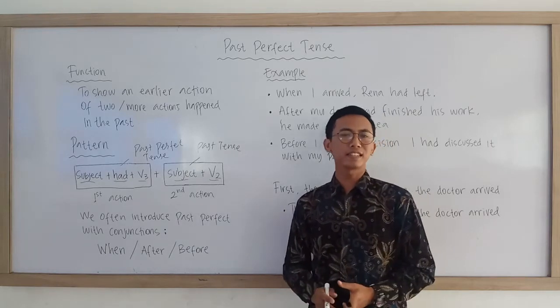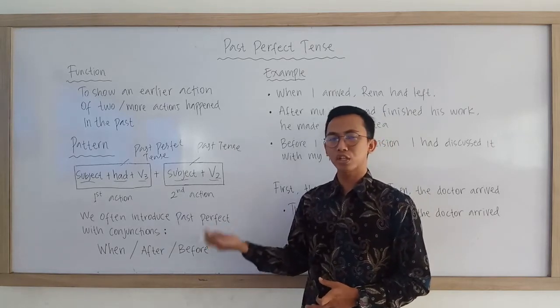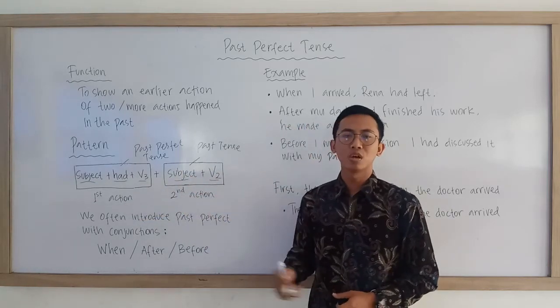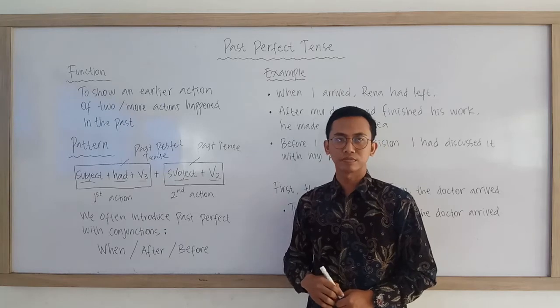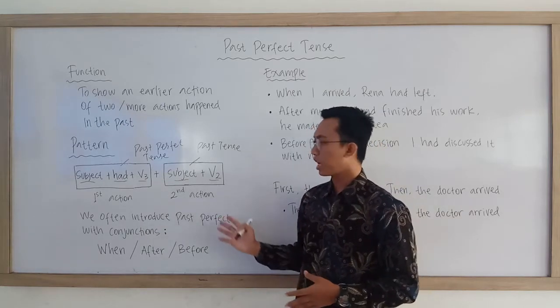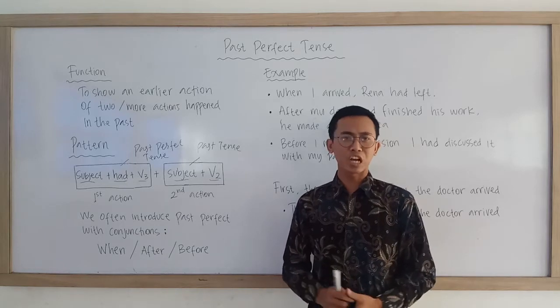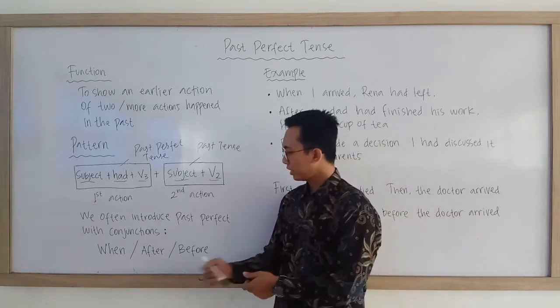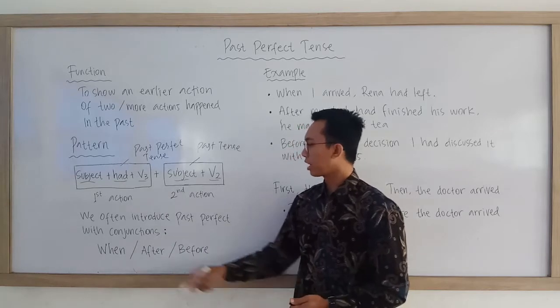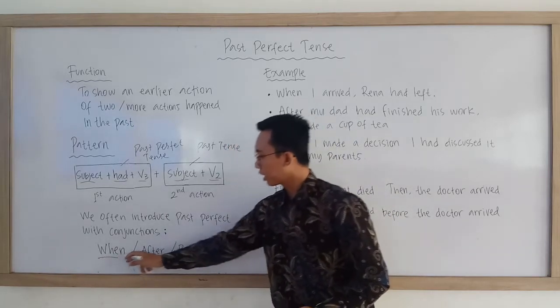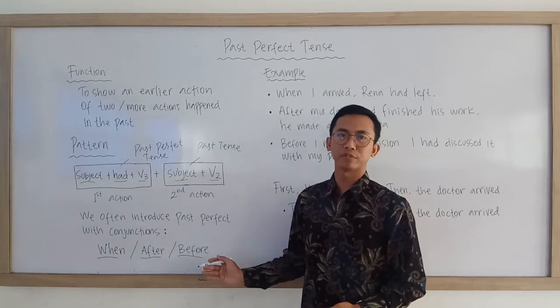So to combine these two actions, the first action and the second action, we need a conjunction. We often introduce past perfect tense with conjunctions like when, after, and before.